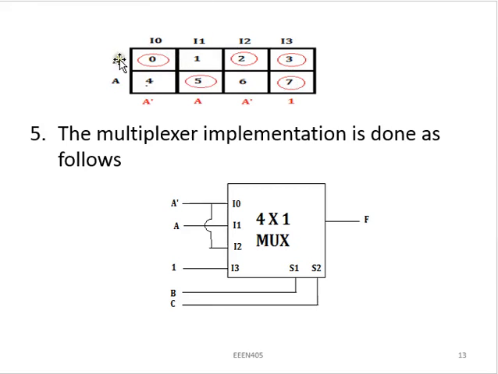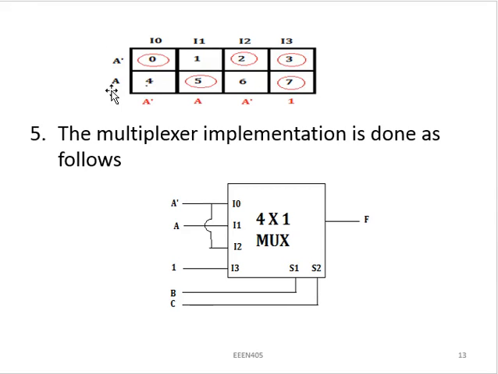Then we have only 2 rows, and these 2 rows represent our input, the complemented value and the real value. I have taken a to be my input, so I will have a prime and a on the 2 rows. We should remember that the first row always takes the complemented value, which is a prime, and the next one takes the real value, which is a. If you change them, the result will not be correct.